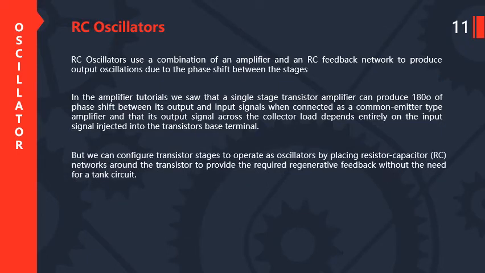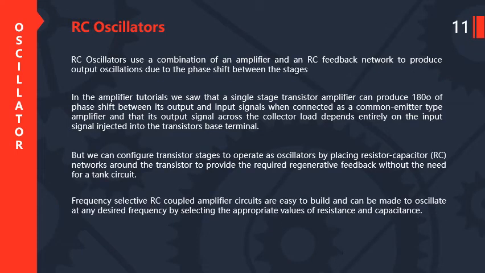But we can configure transistor stages to operate as oscillators by placing a resistor capacitor RC network around the transistor to provide the required regenerative feedback without the need of a tank circuit.